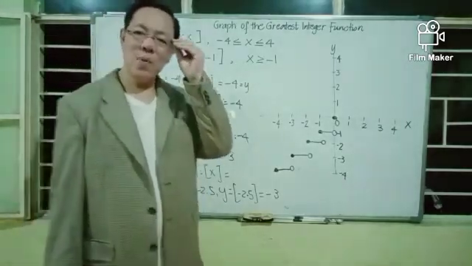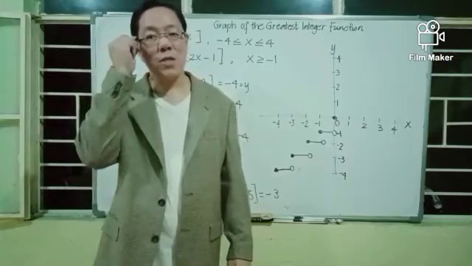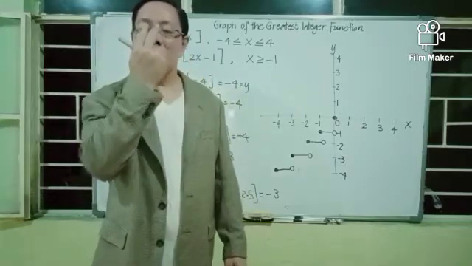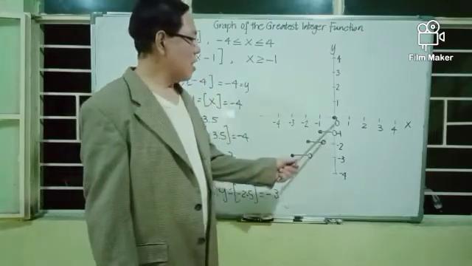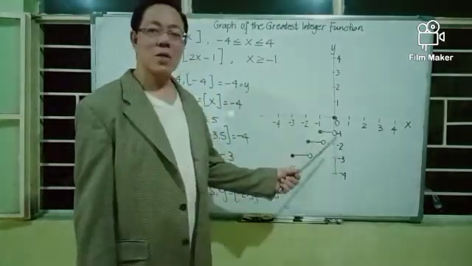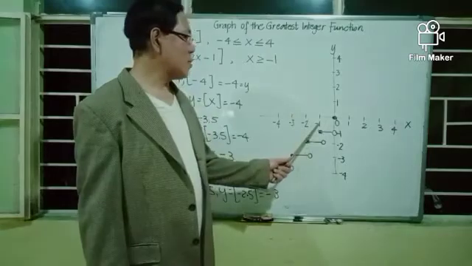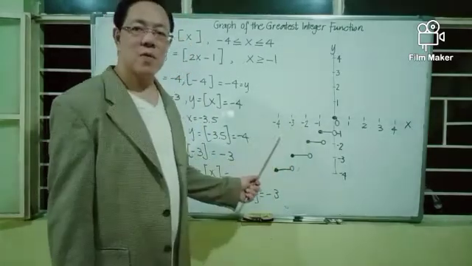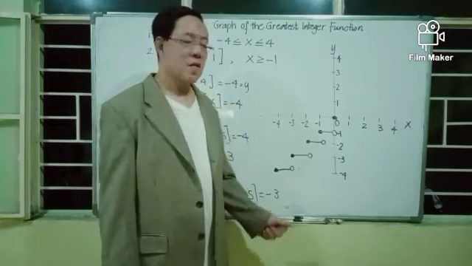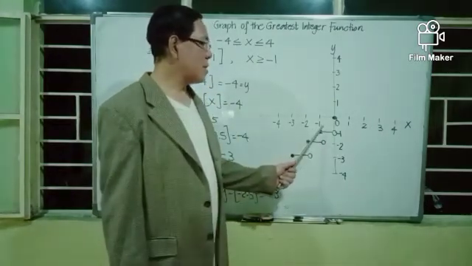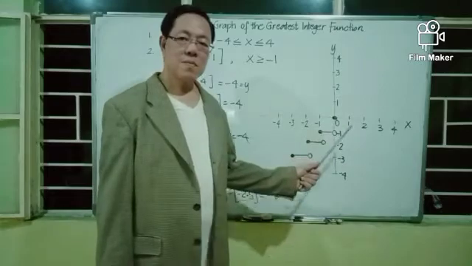And the floor of 1.5 is the largest integer that is less than or equal to 1.5. The integers that are less than or equal to 1.5 are 0, -1, -2, -3, -4, and the greatest of these integers is 0.